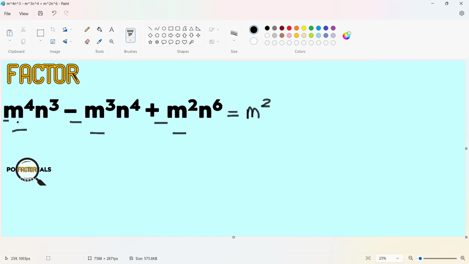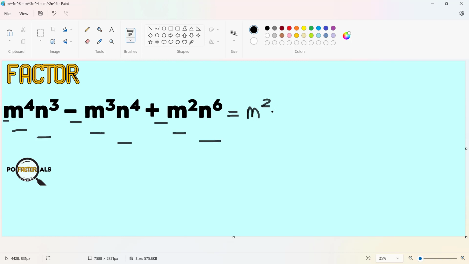Why? Because the first term, m to the power of 4, is m squared times m squared. For m cubed, it's m squared times m to the power of 1, or simply m. And here you already have an m squared. So you can factor that out. Next is for n. We have here n cubed, n to the power of 4, n to the power of 6. The same thing will be applied here.